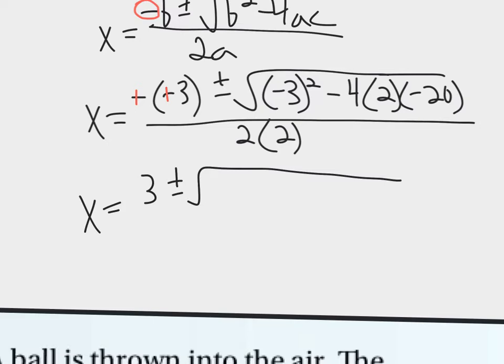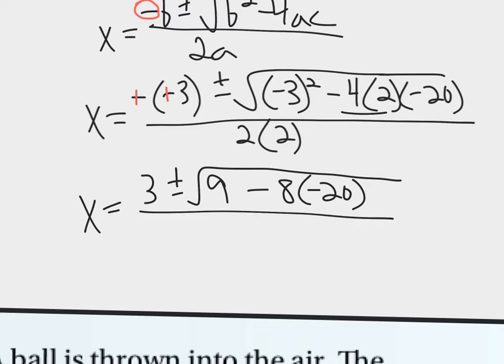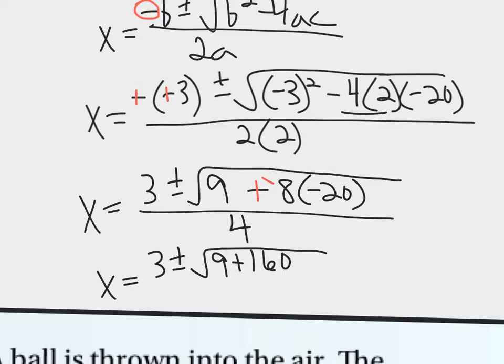Negative 3 squared, so that's negative times negative, which would be a positive. And then 4 times 2 is 8. I'm going to go ahead and simplify the denominator. 2 times 2 is 4. And then here, you can add the opposite if you want. But that's like a negative times negative, which would be a positive 160.